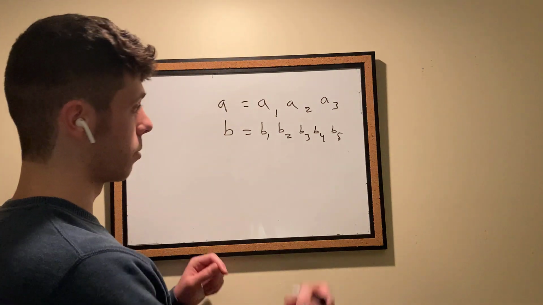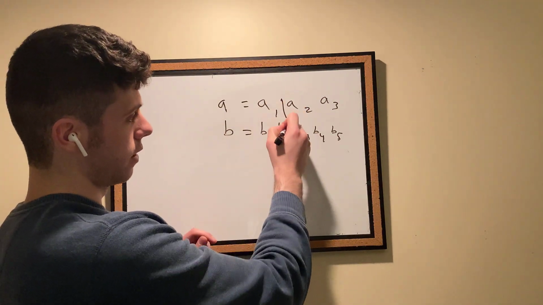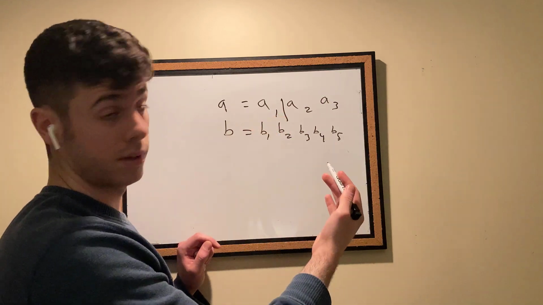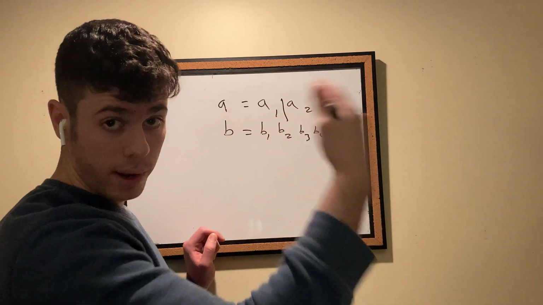And then the most important part is that the left half has to have all the elements smaller than all the elements on the right half. So let's say you want to partition this array right here. That means A1 is in the left half and A2 and A3 are in the right half.